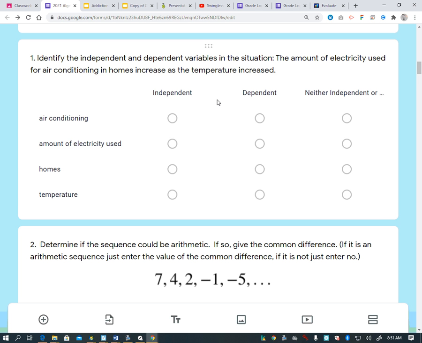First question says, identify the independent and dependent variables in this situation. The amount of electricity used for air conditioning in homes increases as the temperature is increased. Okay? So there has to be something that doesn't depend upon anything else. It's completely independent. Does anybody know what is completely independent?